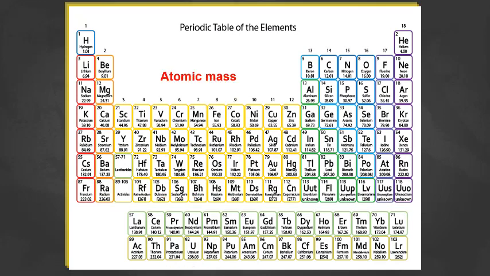As you can see, the atomic mass of magnesium atom is 24.31 AMU. But do you know how scientists determine the atomic mass of any element? Let's learn how atomic mass of carbon is calculated.